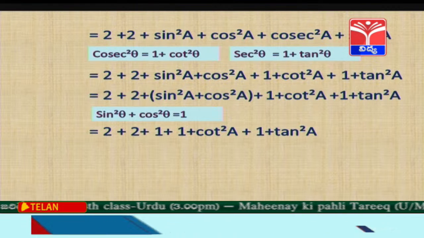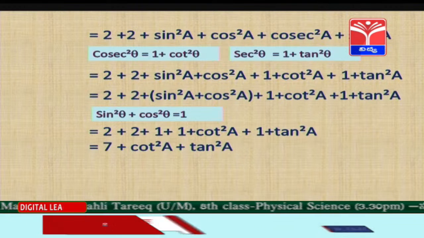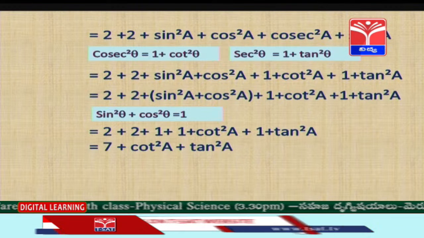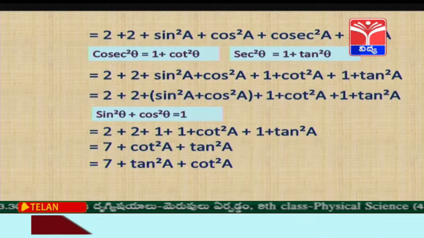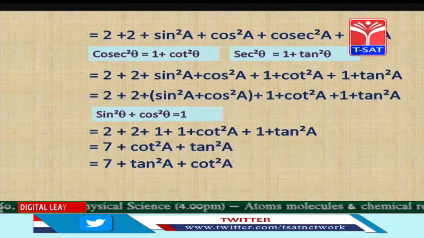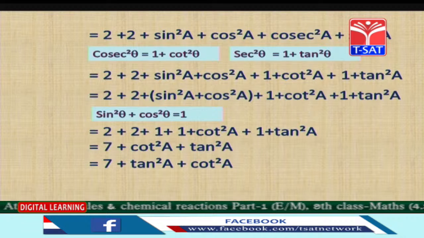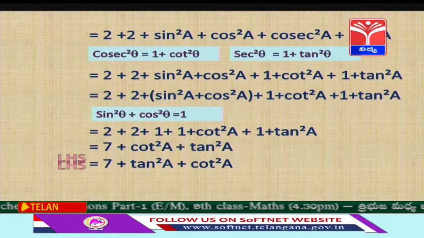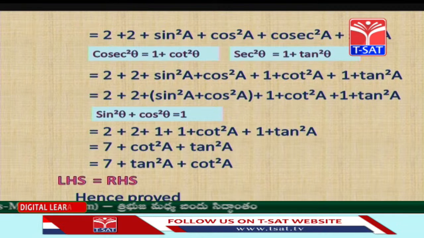I take all the numbers to one place. So, what you are going to get here now is 7 plus cot square a plus tan square a. If I shuffle it, 7 plus tan square a plus cot square a we are going to get. That means, the left hand side we are able to prove equal to the right hand side. That means, LHS is equal to RHS, hence proved.